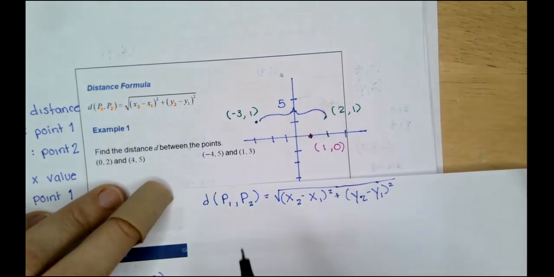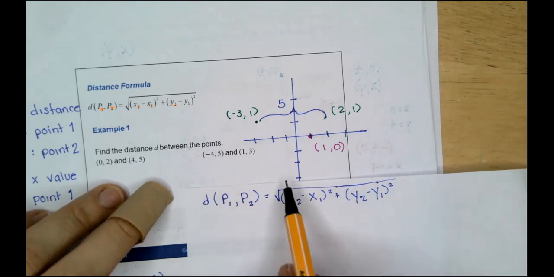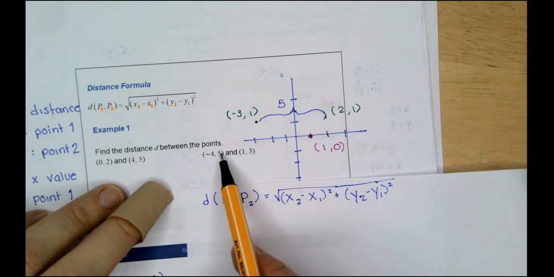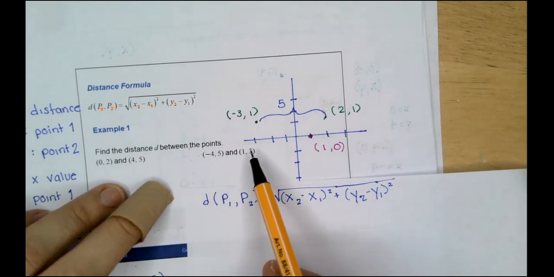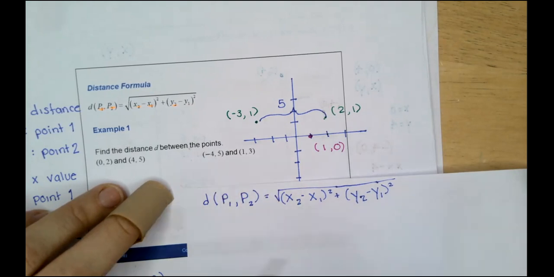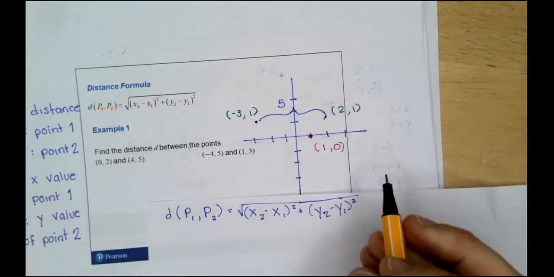It does not matter if you decide that this is P1 or P2, just as long as it's consistent that you're subtracting 3 minus 5, and then you go back and subtract 1 minus -4. Don't confuse it and say 3 minus 5, -4 minus 1. That's the mistake you could make, but labeling it doesn't really matter.